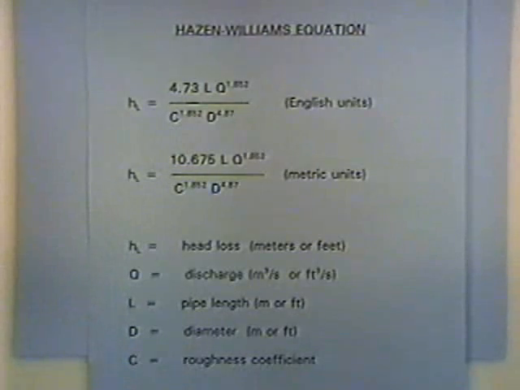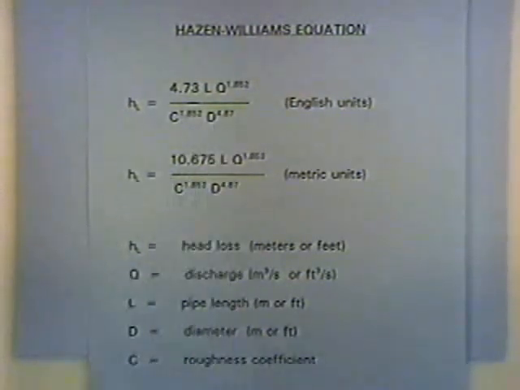And the advantage of the Hazen-Williams equation, which is also the disadvantage, is that the C we normally treat as a function of the pipe characteristics only, whereas the counterpart, the relative roughness and the Reynolds number, are both used to compute the friction factor F in the Darcy-Weisbach equation.